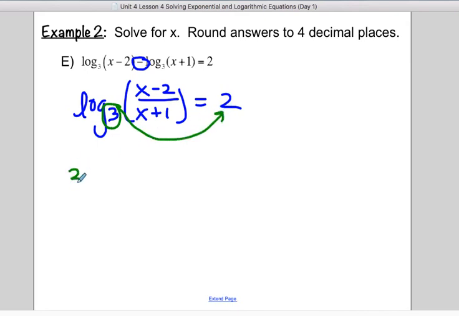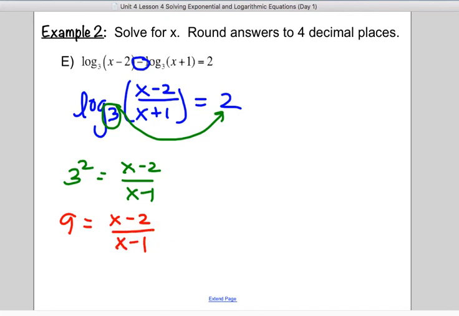We're going to write it as exponential, so 3 squared equals x minus 2 over x minus 1. So I have 9. And then we don't like fractions, so I'm going to try to get rid of it. So I'm going to multiply both sides by my denominator. These cancel. Distribute, I have 9x minus 9 equals x minus 2.